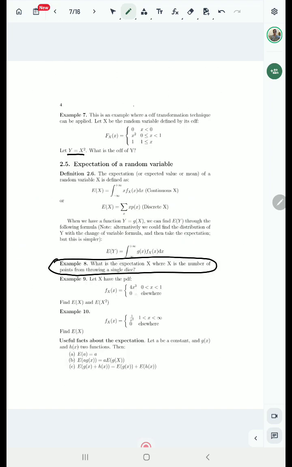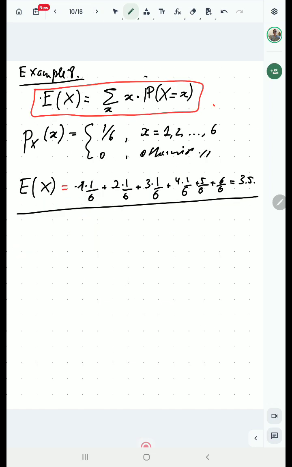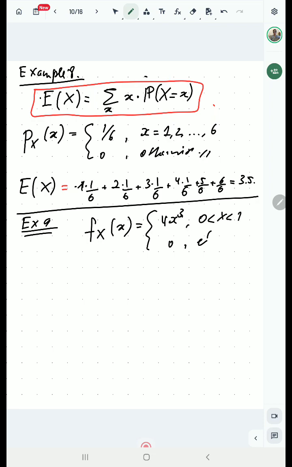Now let's look at example 9. We have a probability density function of a continuous random variable that is equal to 4x cubed, and we have to find expectation of x and expectation of x squared. So in example 9, f of x is equal to 4x cubed when x is in between 0 and 1, and 0 otherwise, right?